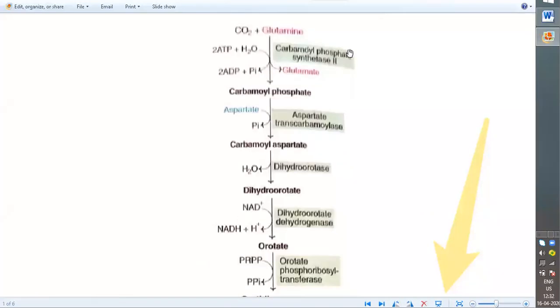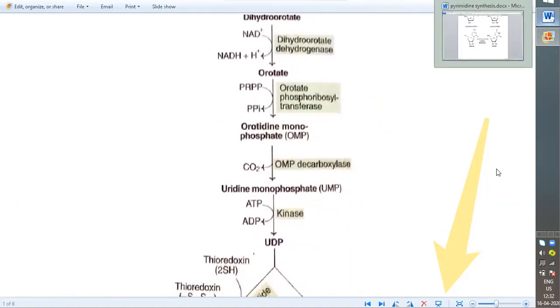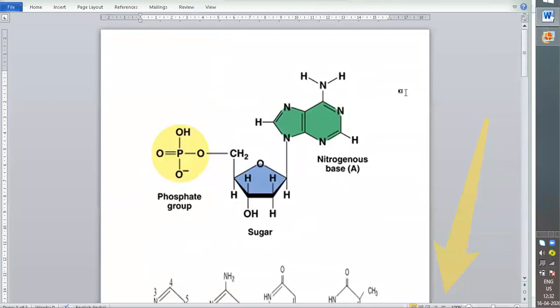In purine nucleotide synthesis, the initial precursor is ribose phosphate, but here the initial precursors are carbon dioxide and glutamine. So this is about the biosynthesis of pyrimidine nucleotides.